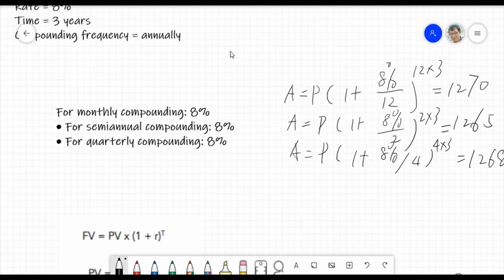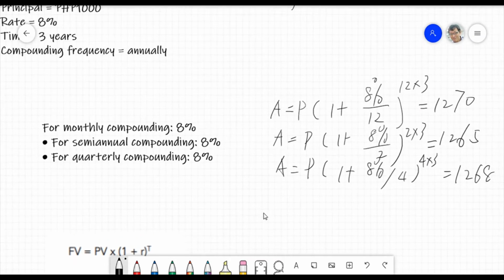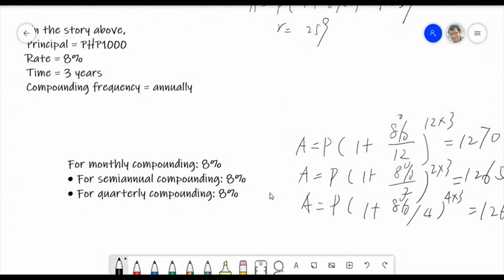So let's go and see another concept. This is based on monthly compound, semi-annual compound, and quarterly compound. You see that everything is the same: the principal is the same, the interest rate is the same, even the period is 3 years. Just the interest period is different.